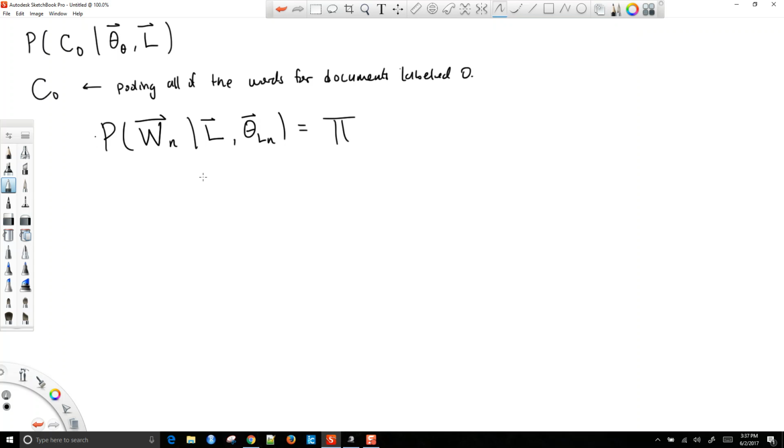The total probability of all of our data is a product of seeing that particular word this many times.